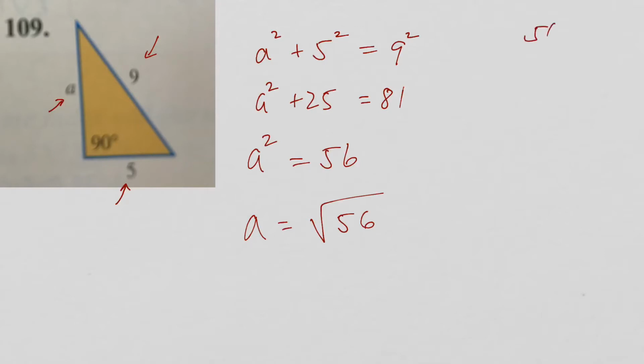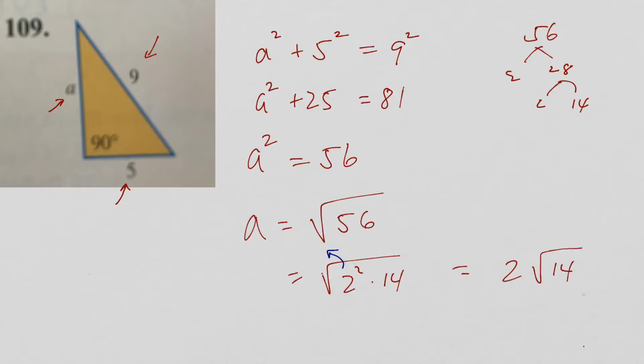Well, let's see. 56 is 2 times 28, 2 times 14. So this is equal to the square root of 2 squared times 14. And when we take out the 2 squared, we get 2. So this is equal to 2 root 14.